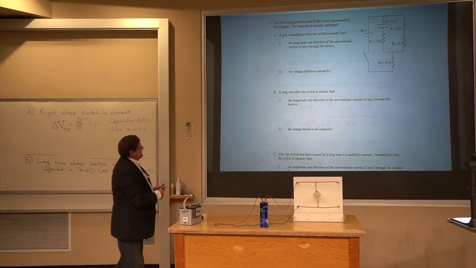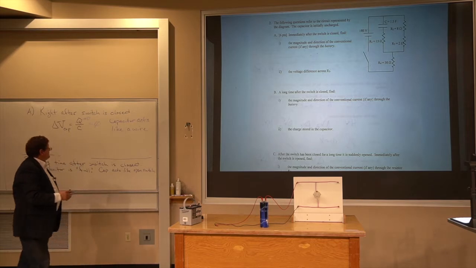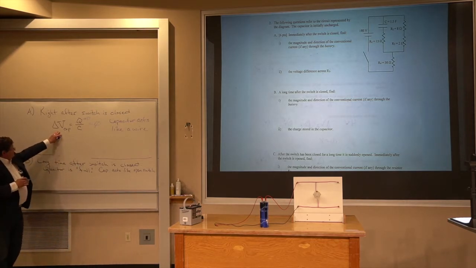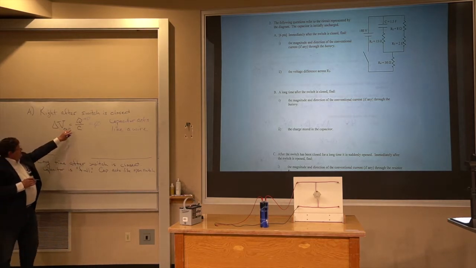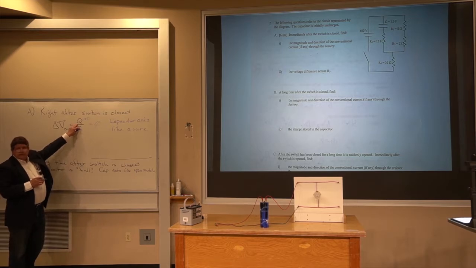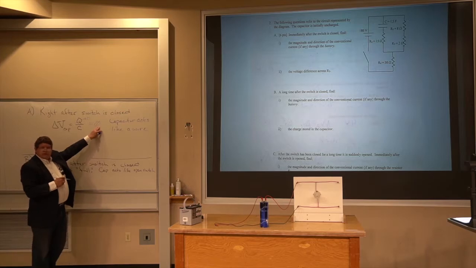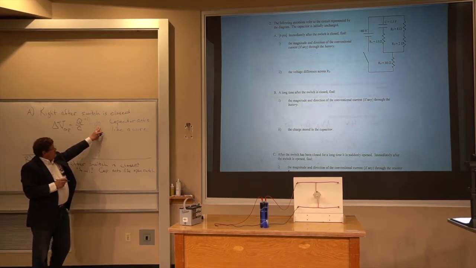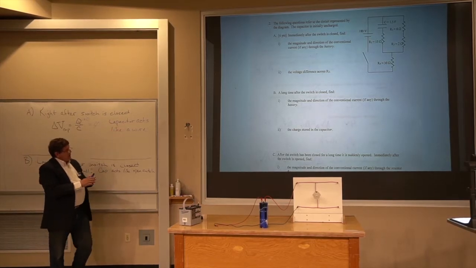Part A is immediately after the switch is closed. Well, immediately after the switch is closed, the capacitor is still empty. We haven't had time to charge it up. And so that means the voltage across the capacitor is zero, which means the capacitor is acting like a wire.